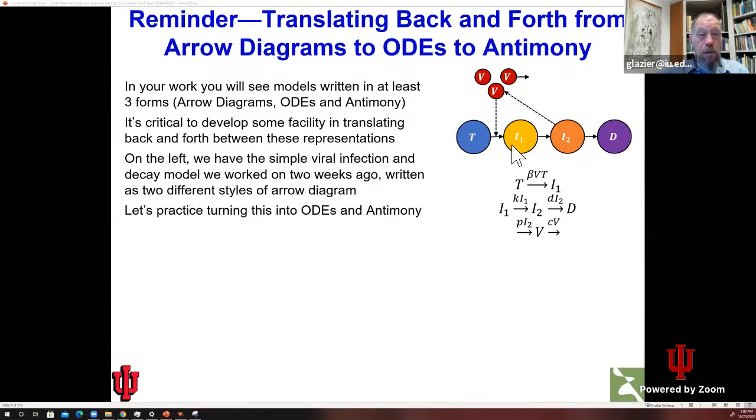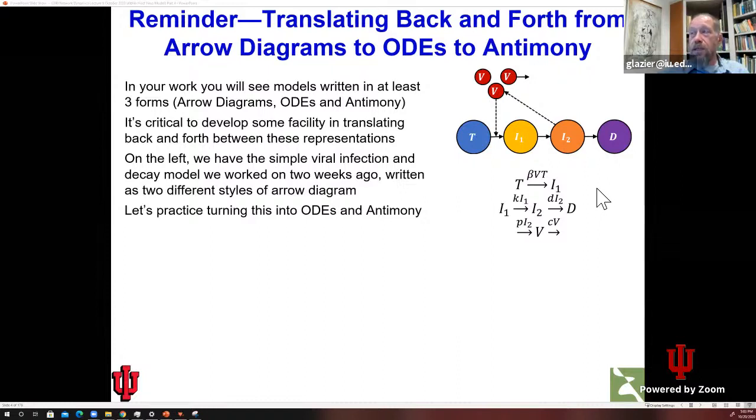One of them is more graphical, one of them is more text-based, but these are the same equivalent diagrams, representing here the infection of susceptible cells becoming early infected cells, becoming late infected cells. Those late infected cells produce virus. The virus decays, and the late infected cells also die. That's written in a more formal way below.